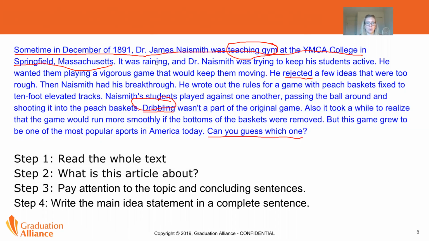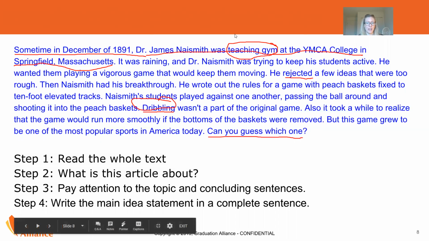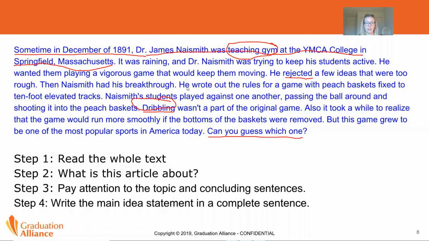We know this guy was teaching PE. So let's go and kind of underline a few of these key details here. Passing the ball around, shooting in peach baskets. And then this gives us a date.